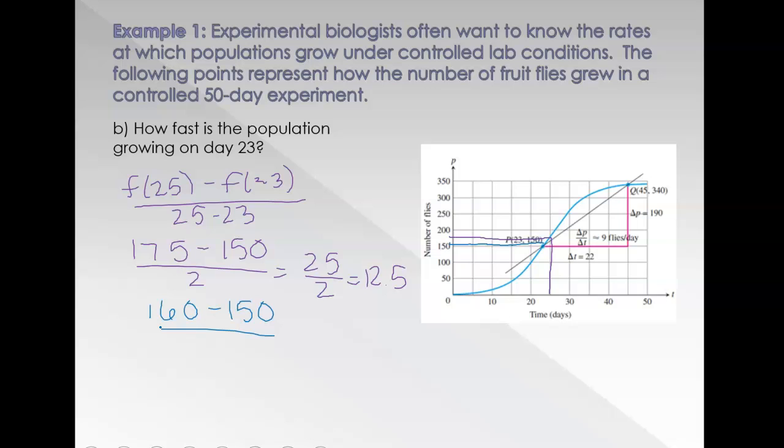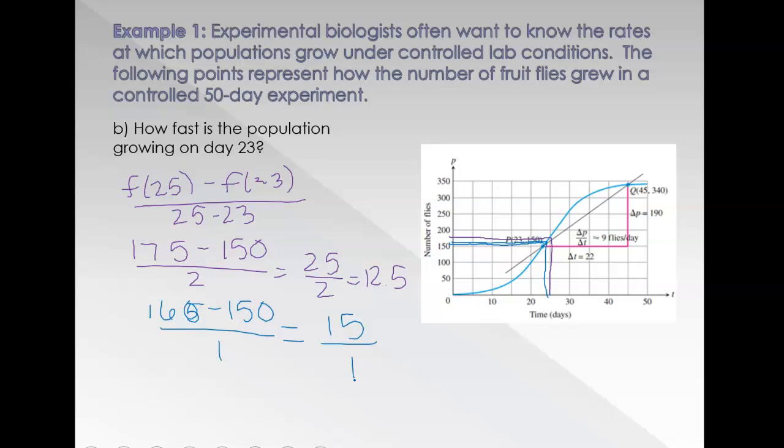Which maybe that's a little low. I'll go 165. So 15 over 1. And then maybe look now. So we do 25, 24.